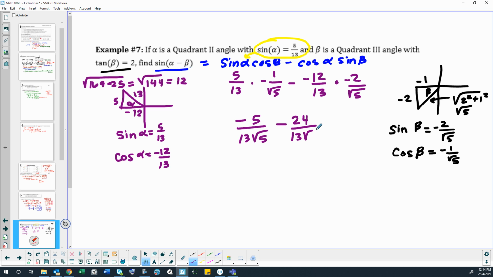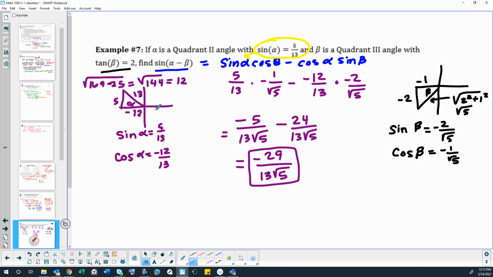And the denominator is 13 square root 5. So we have the same denominator, common denominator. We just need to combine the numerators. So negative 5 and negative 24 is negative 29 over 13 square root 5. And that is the exact value of sine alpha minus beta.